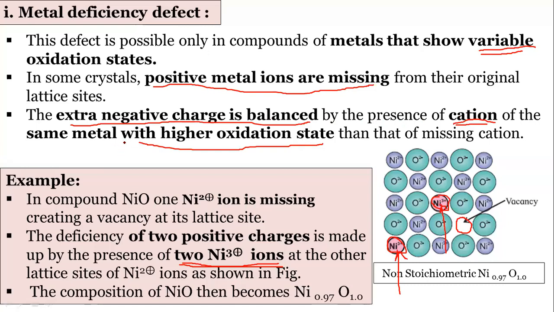The cation of the same metal, Ni, has a higher oxidation state. The oxidation state is also changed. A Ni2+ vacancy is created, and its charge is balanced by the two Ni3+ ions. So this is an example of a metal deficiency defect. The composition of NiO will be changed. See this composition, it is changed. That's why it is called a non-stoichiometric defect. Ni is 0.97 and oxygen is 1.0. See, these values are not the same. That's why this is called a non-stoichiometric defect.